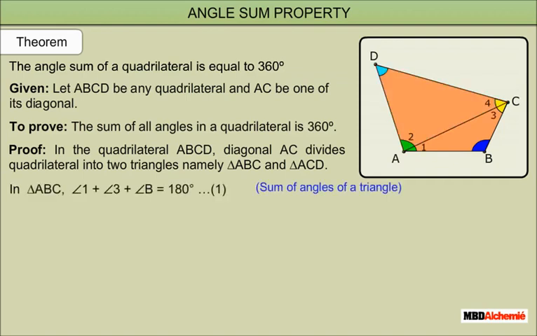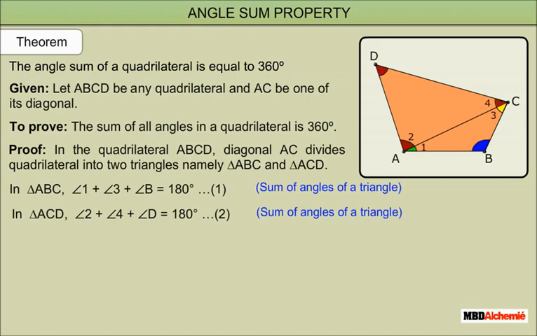In triangle ABC, angle 1 plus angle 3 plus angle B is equal to 180 degrees. Let this be equation 1. As in a triangle, the sum of all angles is equal to 180 degrees. Similarly, in triangle ACD, angle 2 plus angle 4 plus angle D is also 180 degrees. Let this be equation 2.